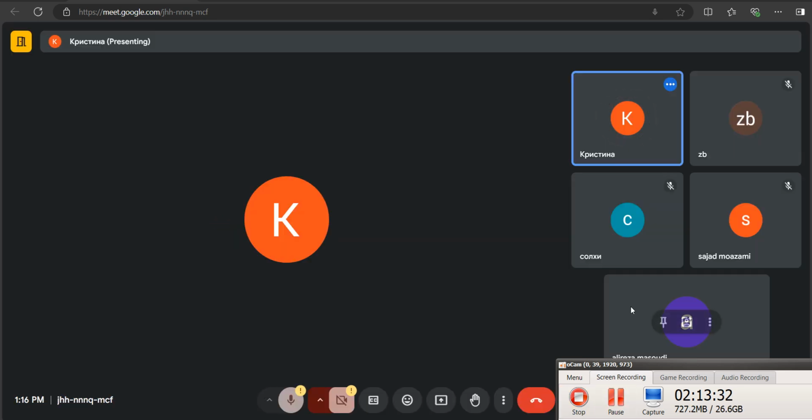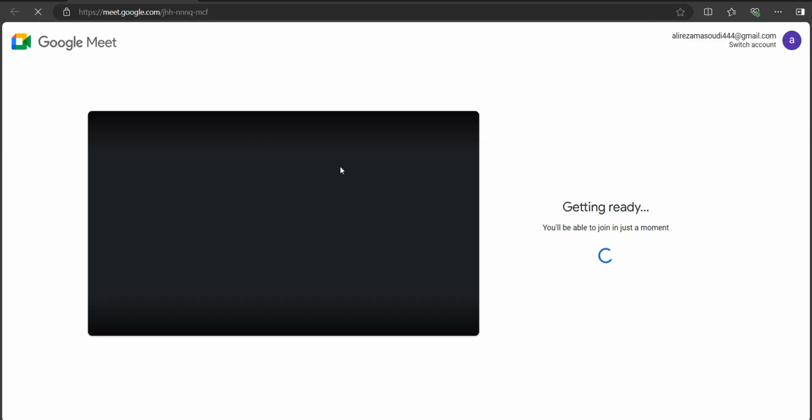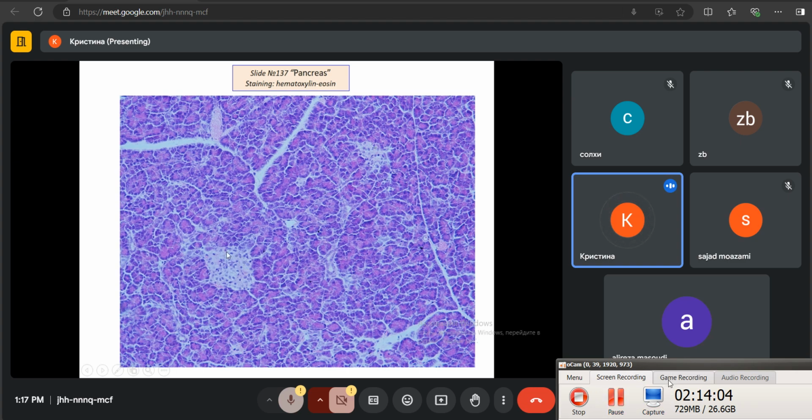tissue with one major duct lined with simple columnar epithelium. Between the lobules here we have the islet of Langerhans here.